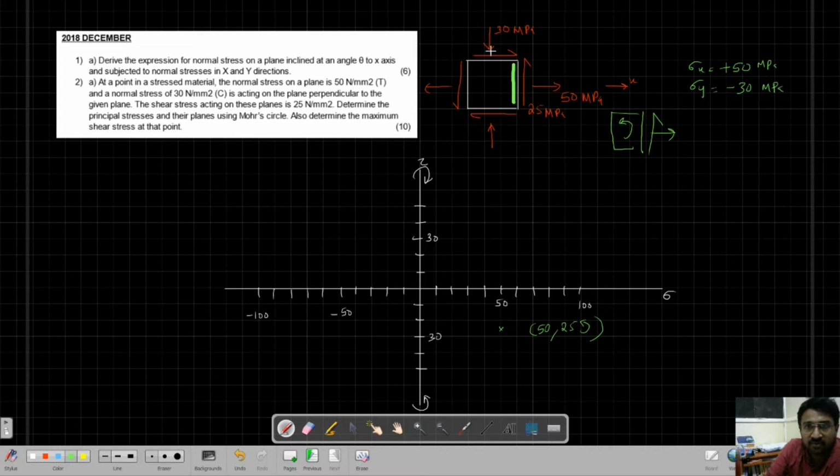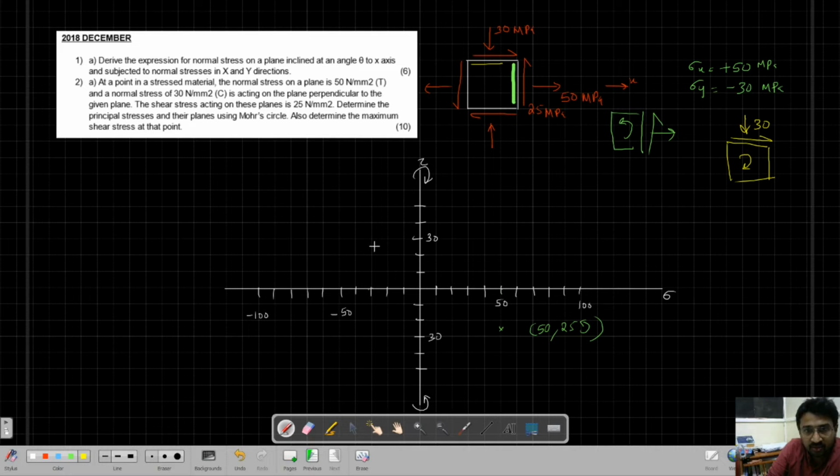Now for the second point, we will go to the perpendicular side. On that side, if you observe just that side, we have a compressive stress of 30 MPa, and we have a shear stress in this direction. This shear stress is trying to rotate in the clockwise direction. So this is minus 30, and clockwise we have to move up 25.